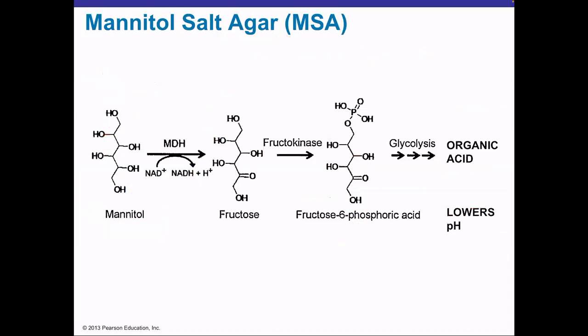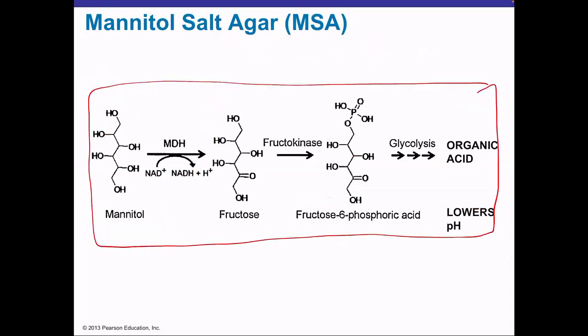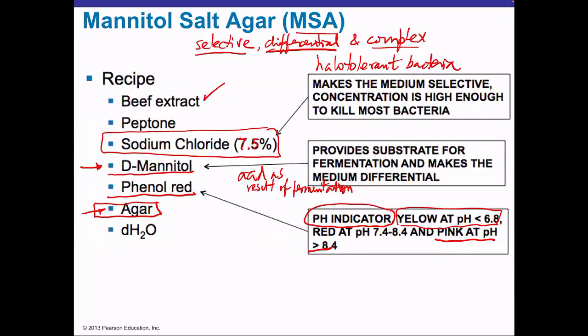Now this shows a fermentation pathway that the microorganisms that are using mannitol follow, which at the end produces organic acids that will lower the pH. Again, some of these halotolerant bacteria that are growing here are able to ferment the mannitol, others are not. And based on that, we can differentiate them.